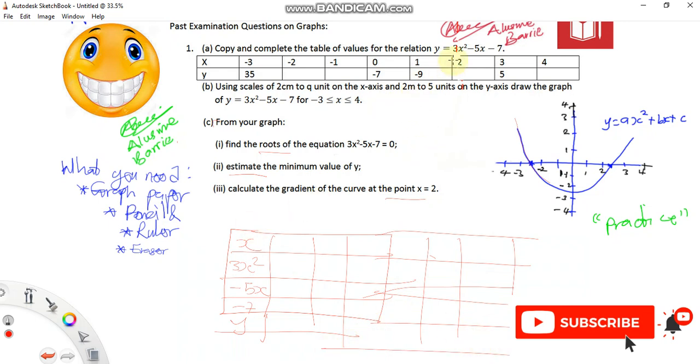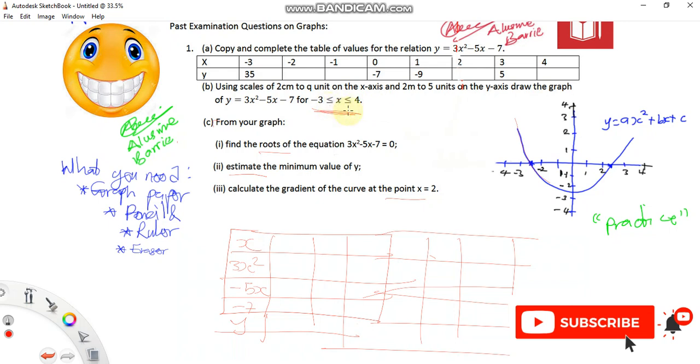What is this range of values? The range of values is simply the range you've been given in the question. You can see the graph we are supposed to plot for this question ranges from minus 3 to 4, so the values of x are between minus 3 and 4.